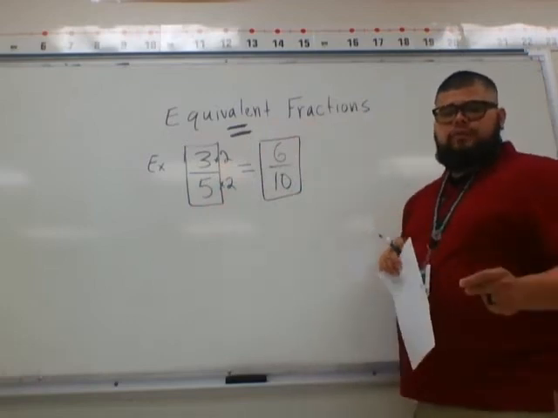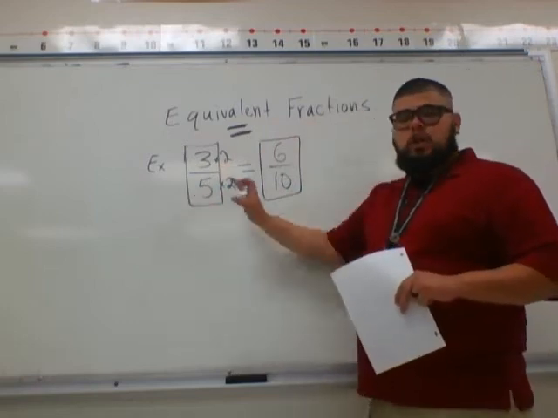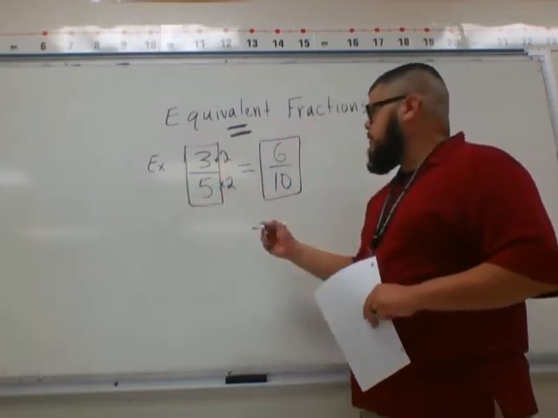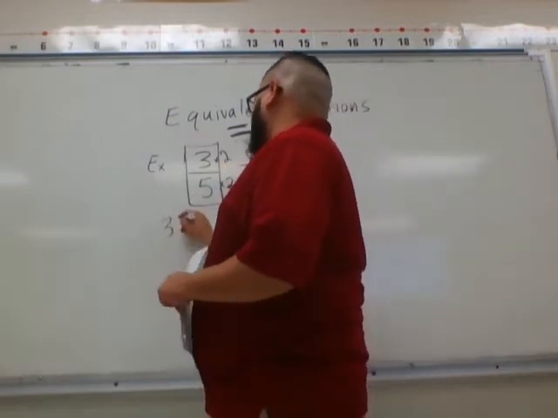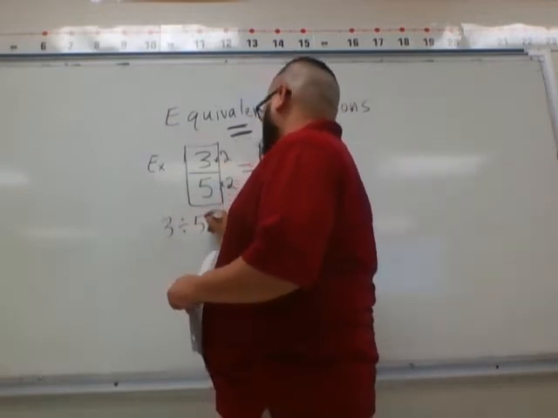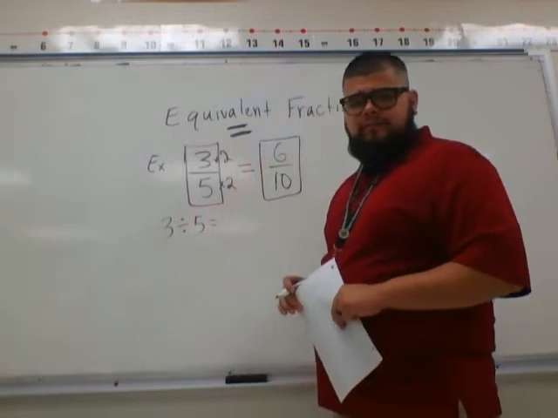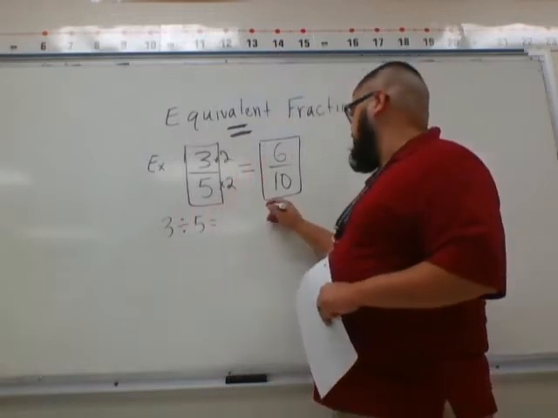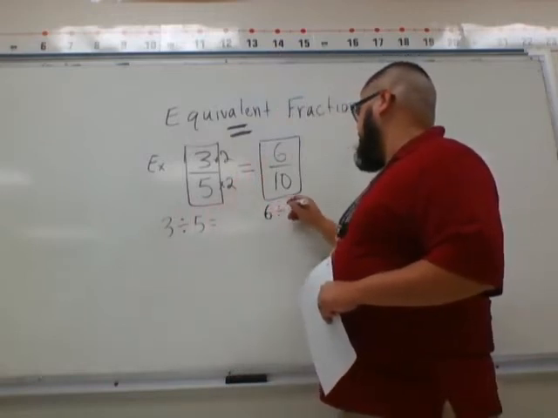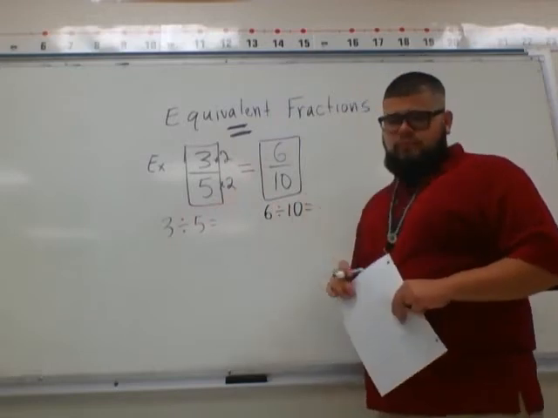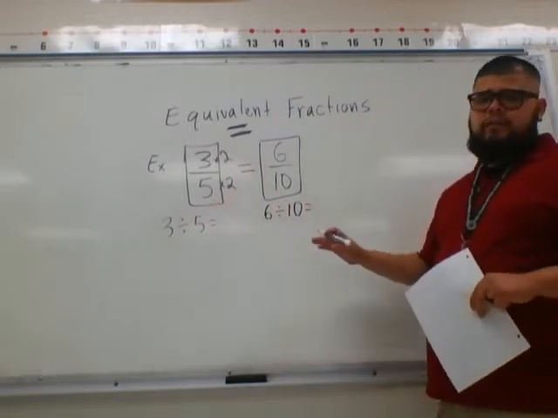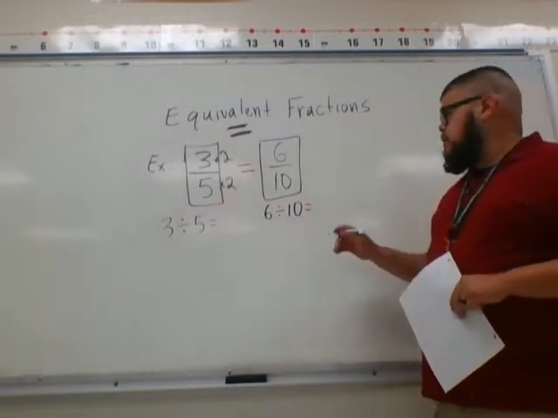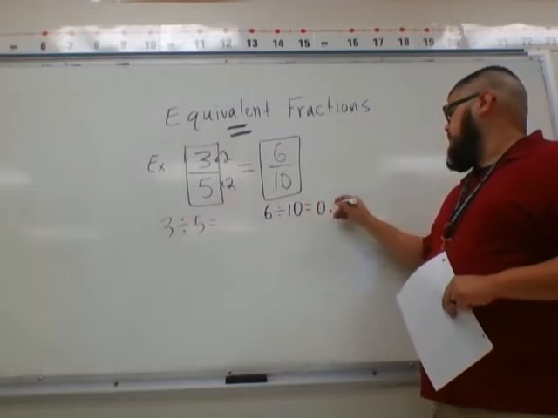Now, these are equivalent because, again, they look different. But if you were to type this in the calculator, 3 divided by 5, right? When you were to type 6 divided by 10, right? 3 divided by 5 or 6 divided by 10, you would still get 0.6.